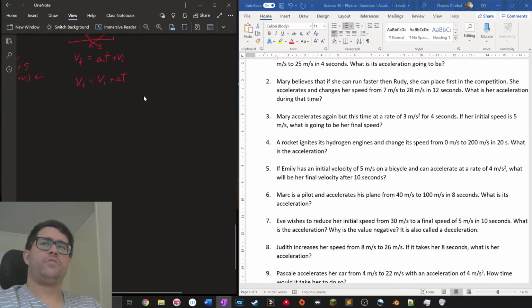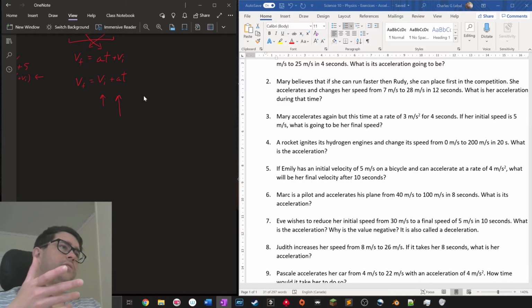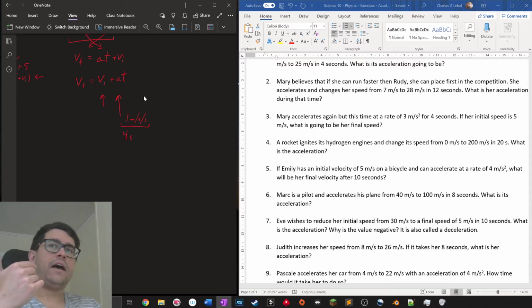Let's just look at this. This is basically saying I'm going to take my initial speed and add the acceleration rate times the time that I've allowed myself to accelerate. So if I accelerate by 1 meter per second, and I allow myself 4 seconds to do that, then I've increased my speed by 4 meters per second, right?